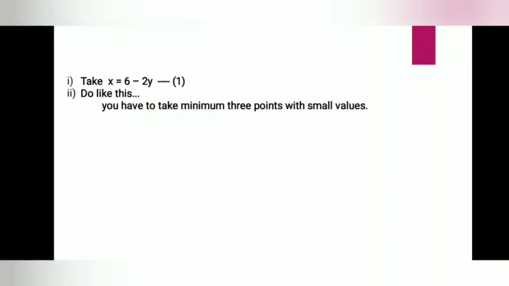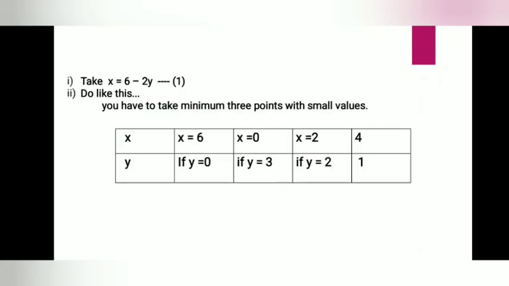You have to take minimum 3 points with small values. If y equal to 0 then x equal to 6, if y equal to 3 then x equal to 0, if y is equal to 2 then x equal to 2, if y is equal to 1 then x equal to 4. From here you can see we have taken 4 points, no problem.